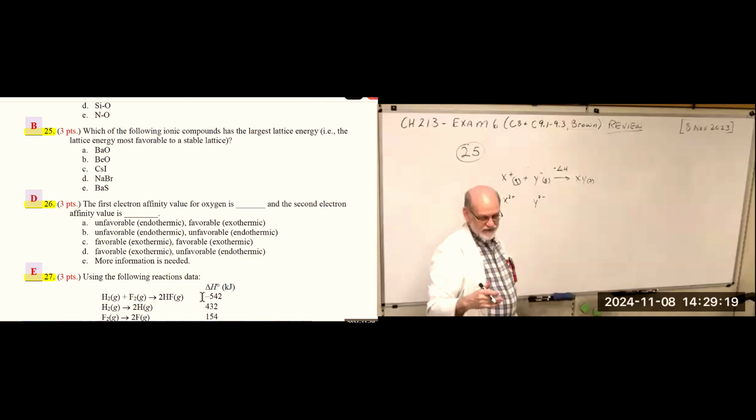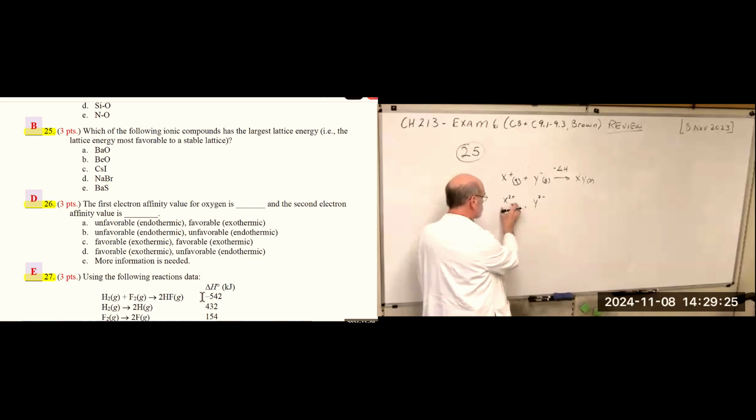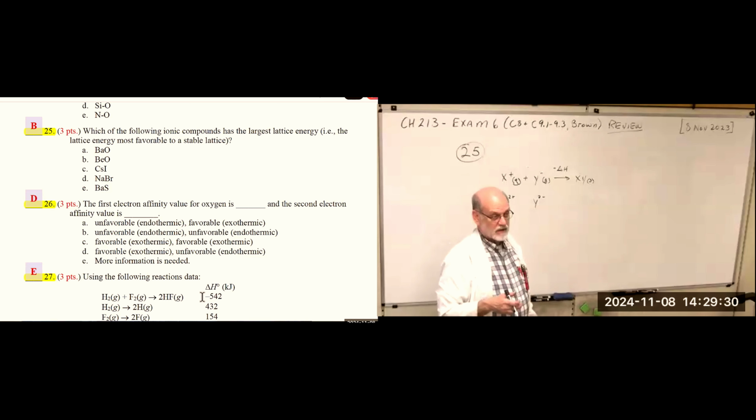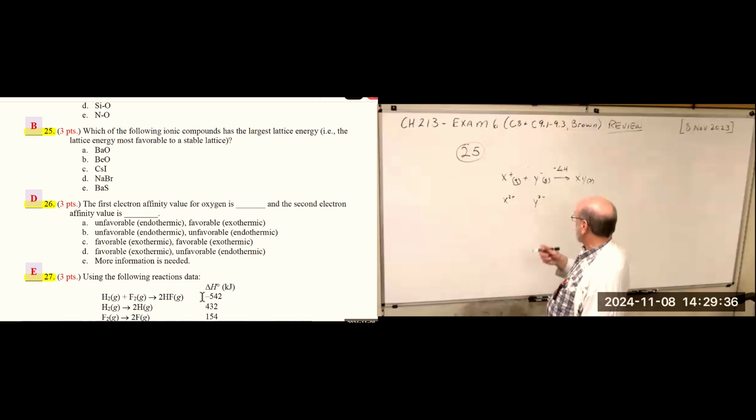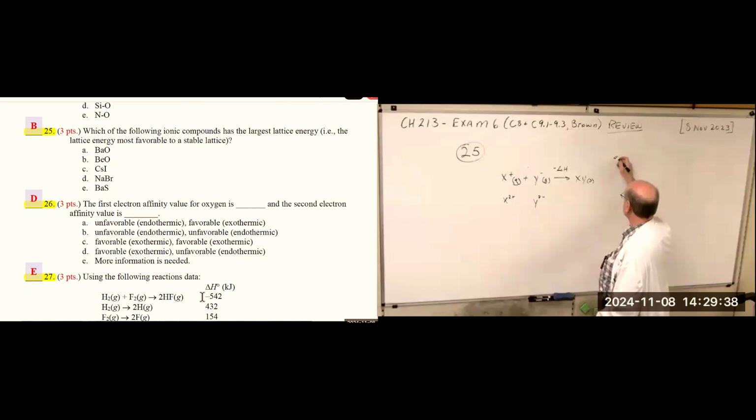And charge density, which means smaller ions. So if you can make this one smaller and concentrate the charge, then you can increase that lattice energy. Two things are working there. So what we have to go on here is E. Yeah, E.